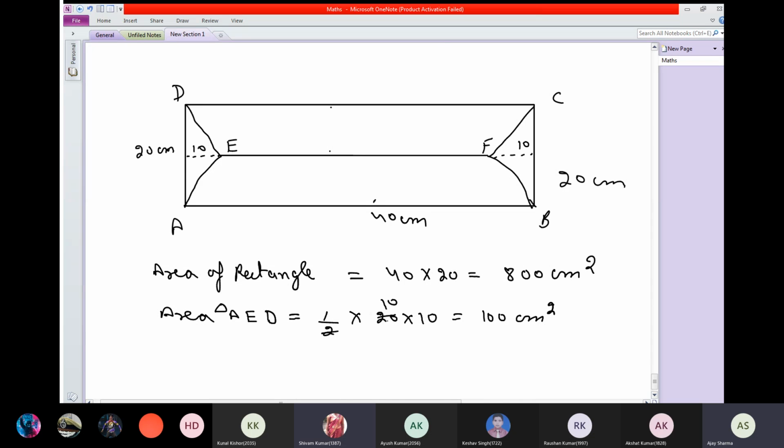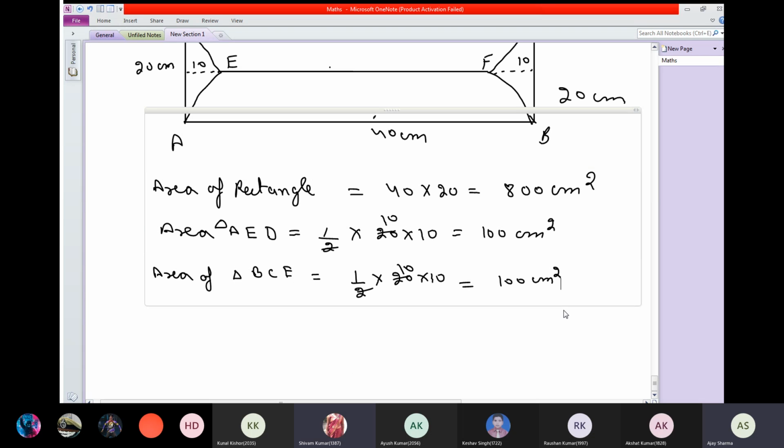Clear? Now find the area of another triangle, BCE. This is also 100 centimeter square: 1 by 2, 20 multiplied by 10, that equals 100 centimeter square.